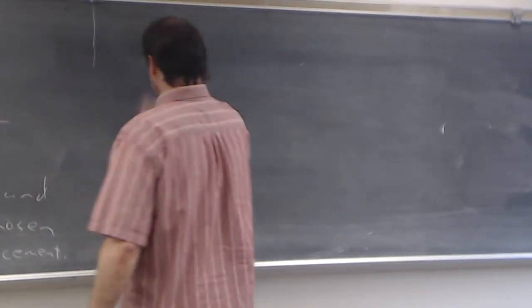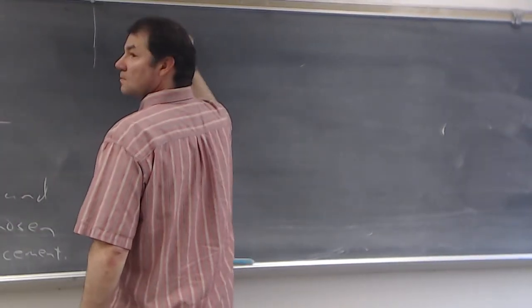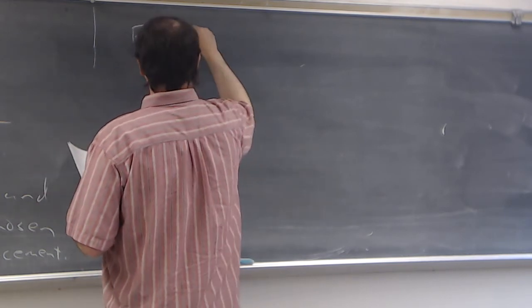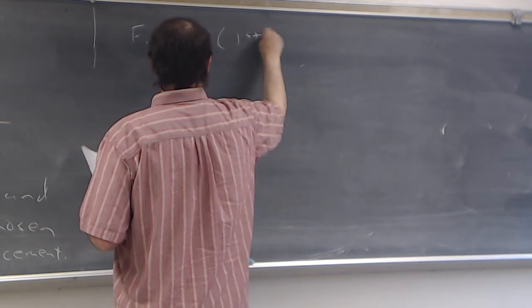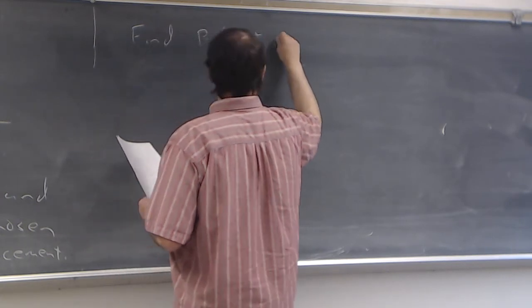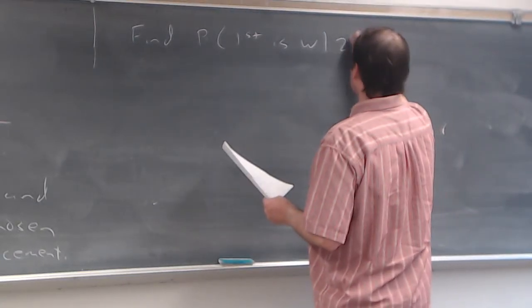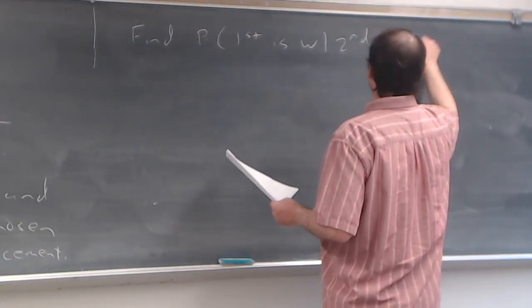The question might be, find the probability that the first is white, given that the second is red.